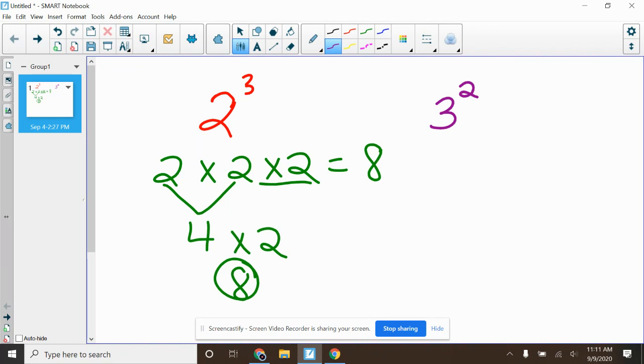What am I going to get, Hallie? 3 after 2 times. Okay, and you would multiply them together, and what is it? You would get 9. That's my answer. So 3 to the 2nd power is actually 9.